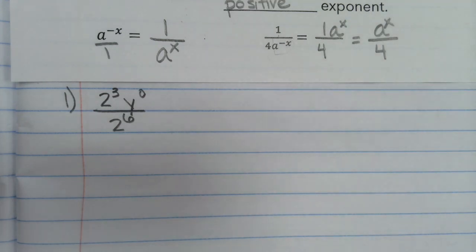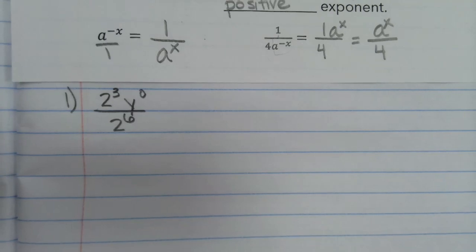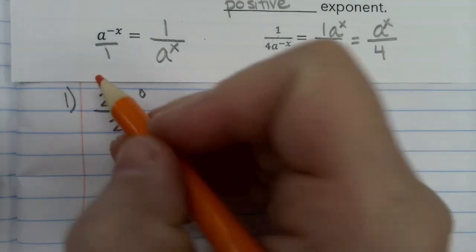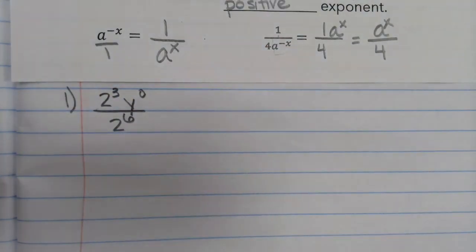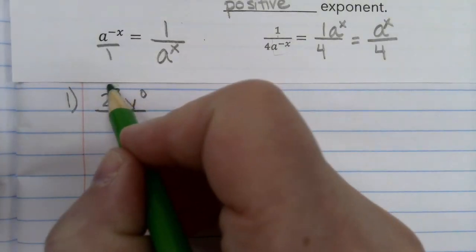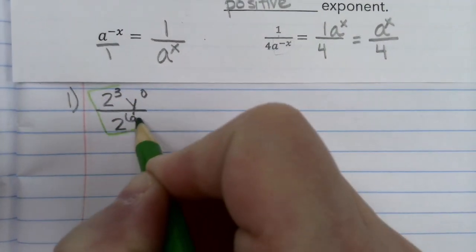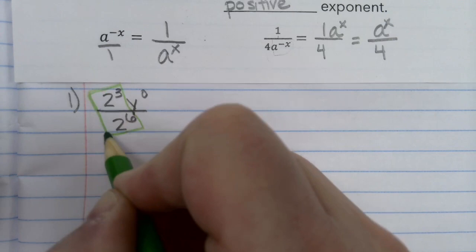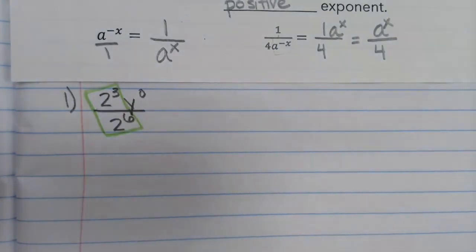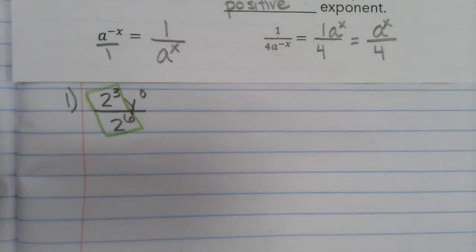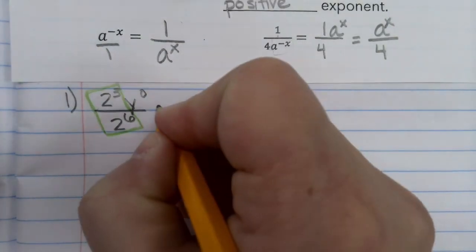What can we simplify? We have these 2's on top and bottom. So if I have 2's on top and bottom, are we going to add, subtract, or multiply those exponents?